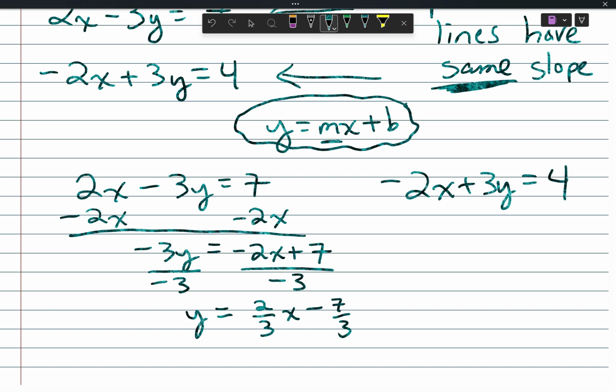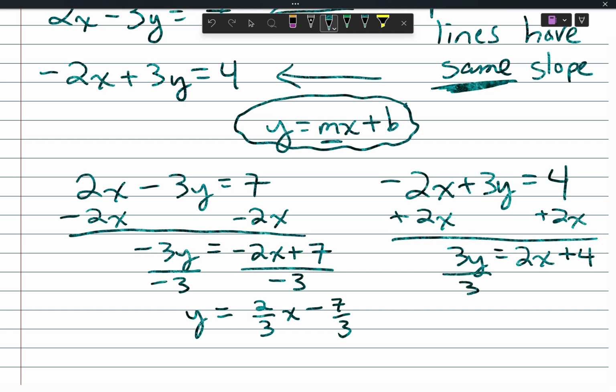So we want to get y by itself, so we have to get 3y by itself first. So we add 2x, you always do the opposite, right? Add 2x. So you're left with 3y is equal to, you're not adding 2x to the 4, they're not like terms, you're just moving it over so it can be in slope-intercept form. So 3y equals 2x plus 4.